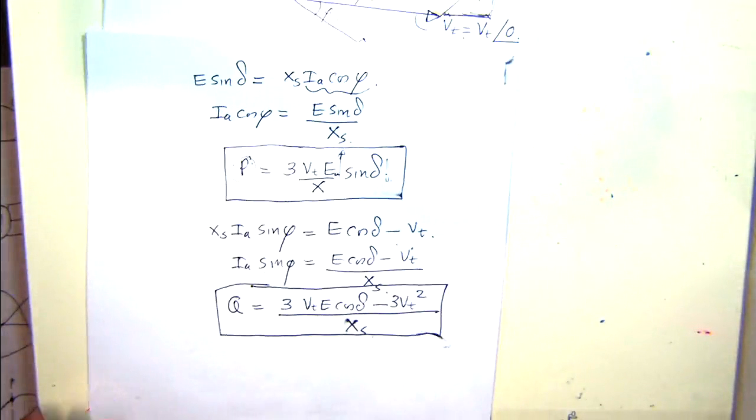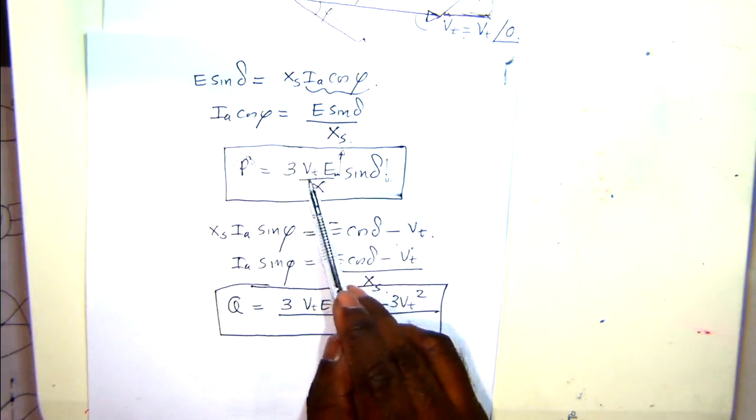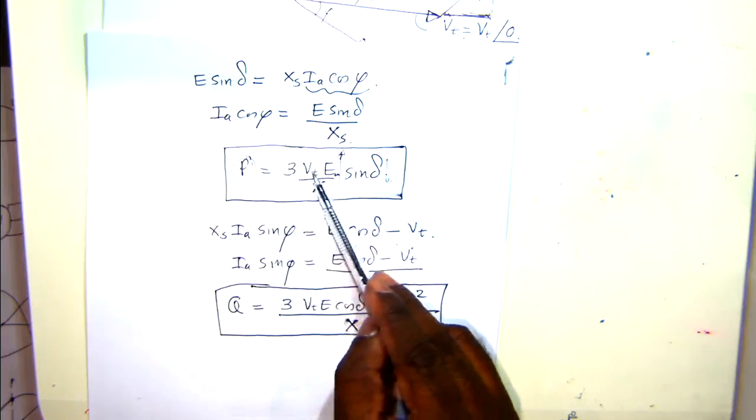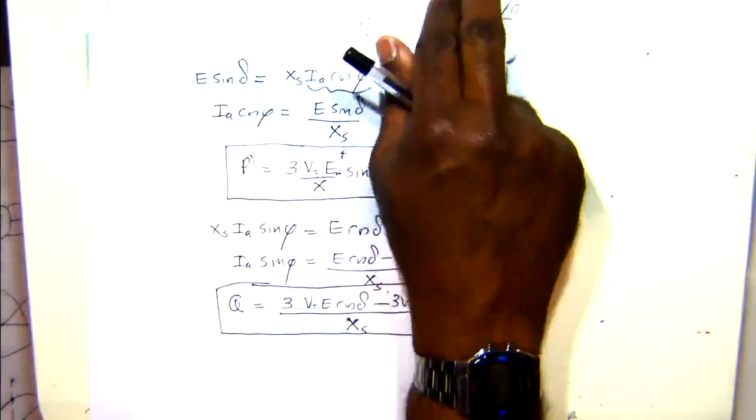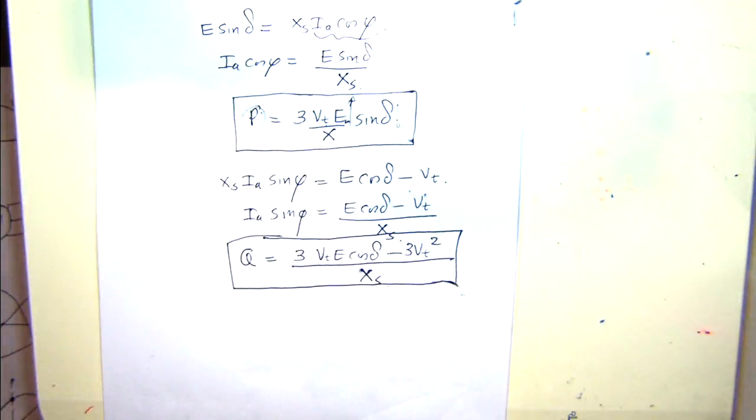So in the tutorials, the remaining few questions are based on these two equations. So these quantities we wrote in terms of per phase quantities. You can also write this as line-to-line excitation voltage and line-to-line terminal voltage.